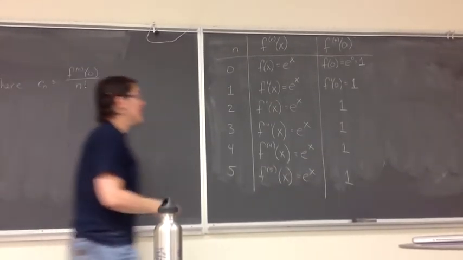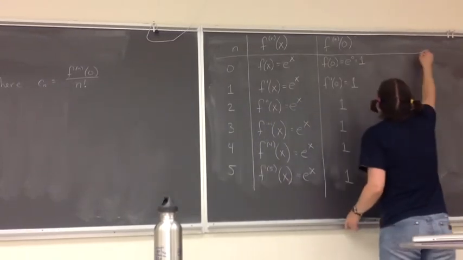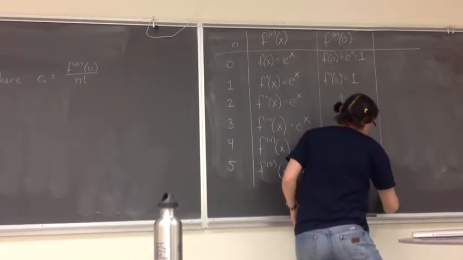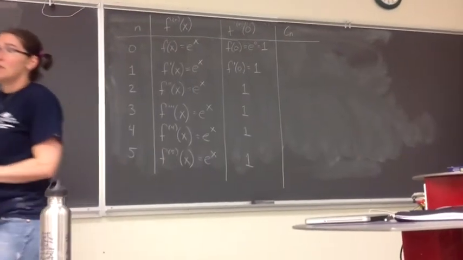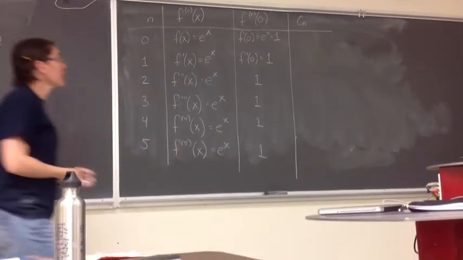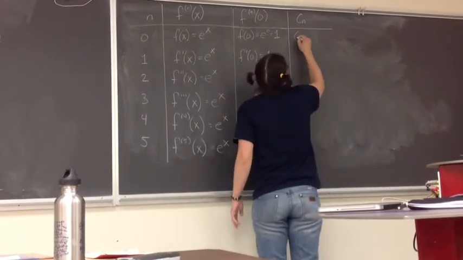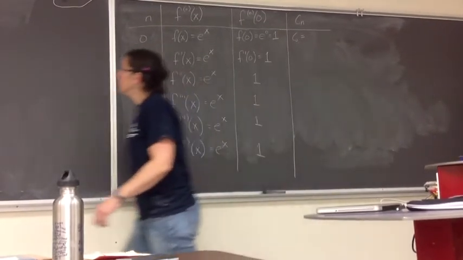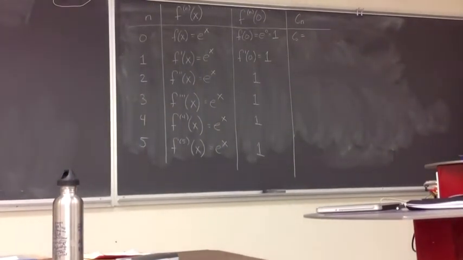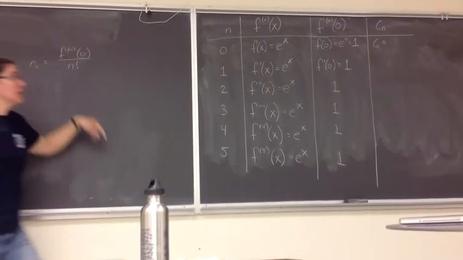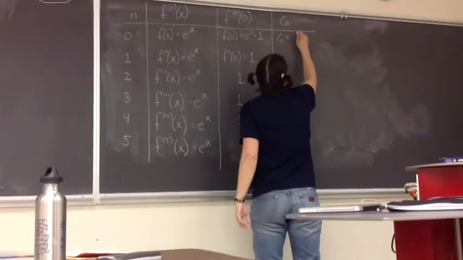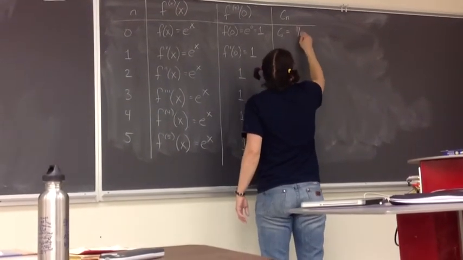Okay, so the final column in my table is going to be the most important column in terms of what we're looking for. That is the coefficient column. So c0, we're going to take that nth derivative and divide it by n factorial. So here we have 1 over 0 factorial.